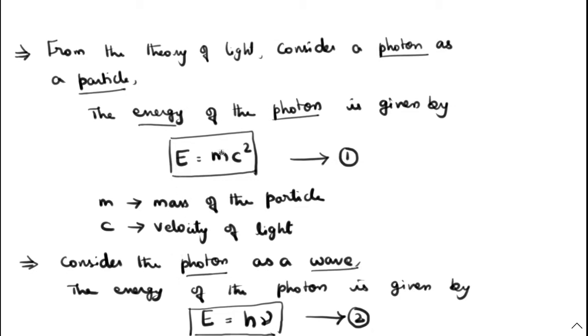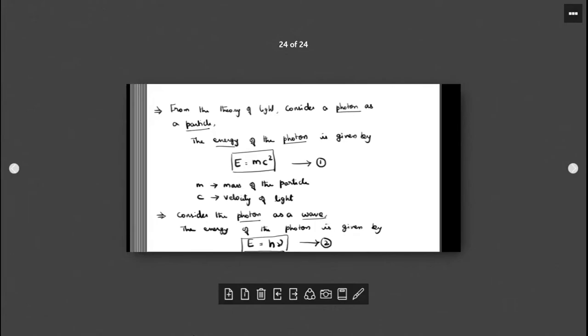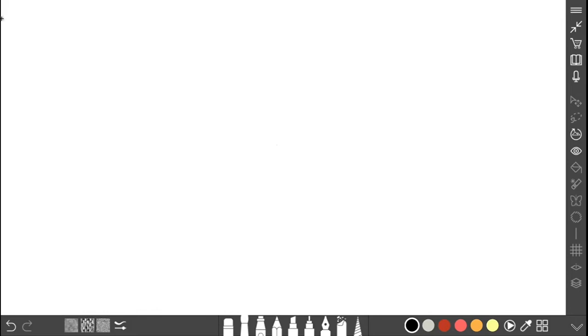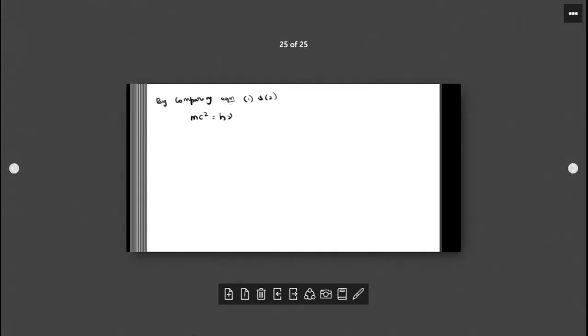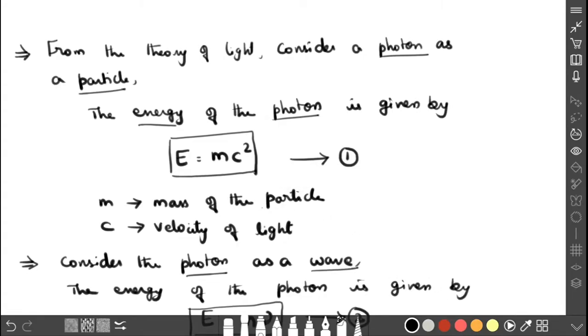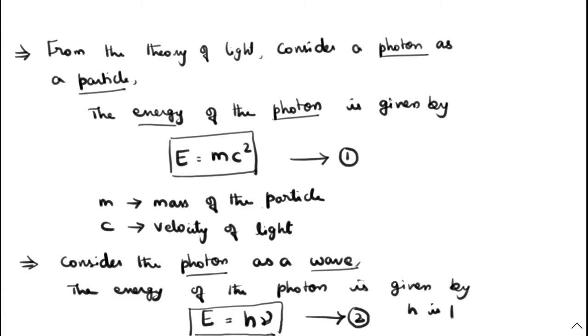So by comparing equations 1 and 2, mc square is equal to h nu, where h is Planck's constant and nu is the frequency of radiation.